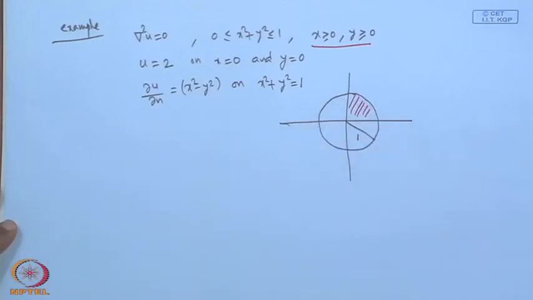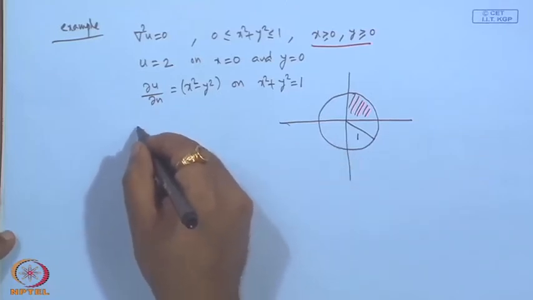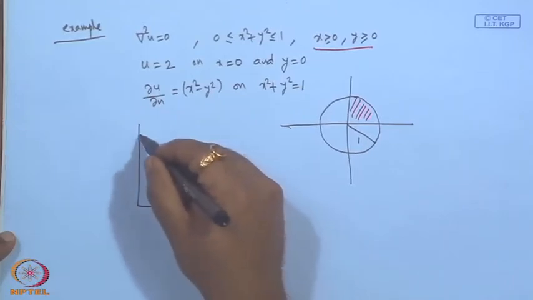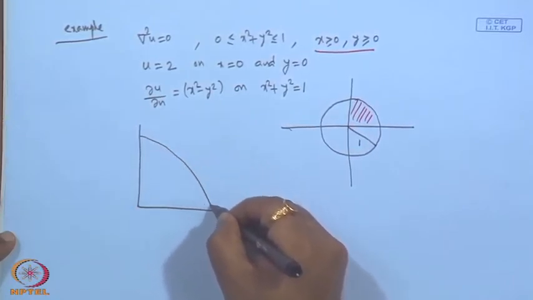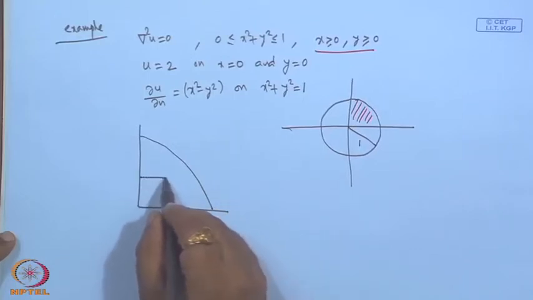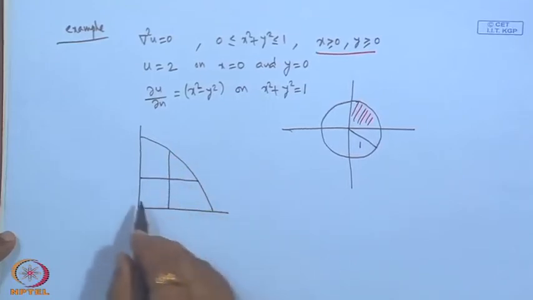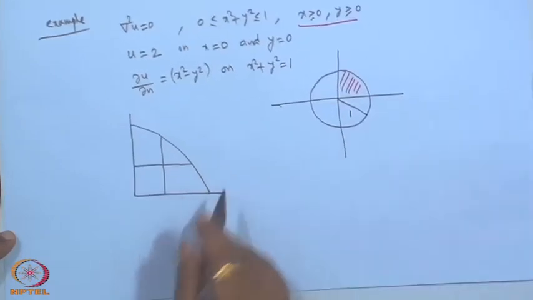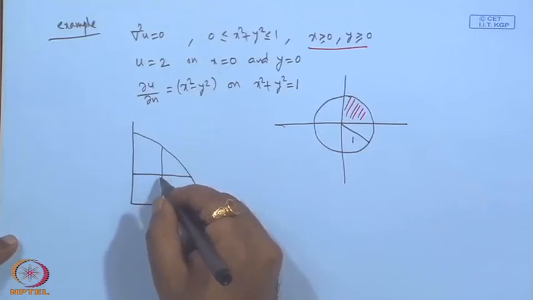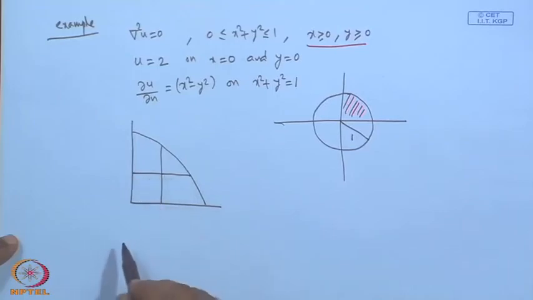So, now as I explained earlier, we can discretize the entire domain or only this portion. Say this is our portion, then if we discretize, you have these points. So, you can see this arm and this arm of equal size, and this arm and this arm of equal size.